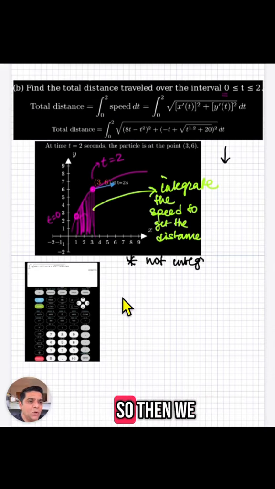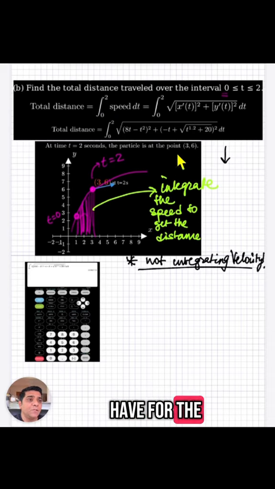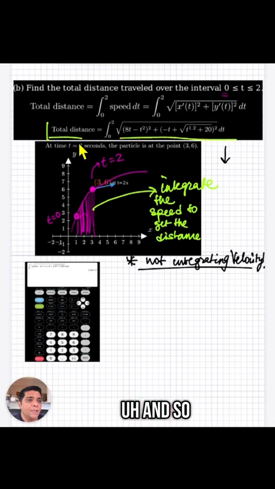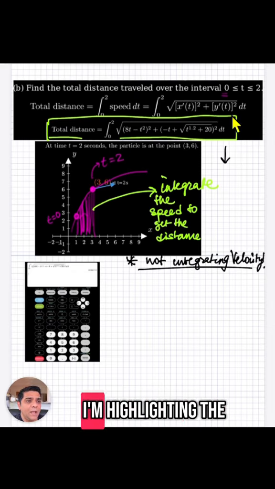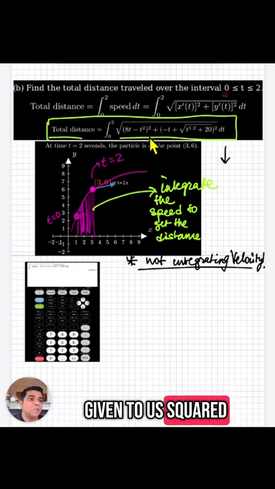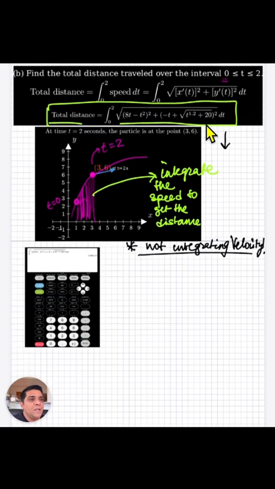Okay, so then we can go ahead and set up our problem using what we have for the speed: the square root of x prime of t squared plus y prime of t squared. This is what we will end up having here that I'm highlighting. The 8t minus t squared, which is given to us, squared, that's the x prime of t, plus this, which is the y prime of t.